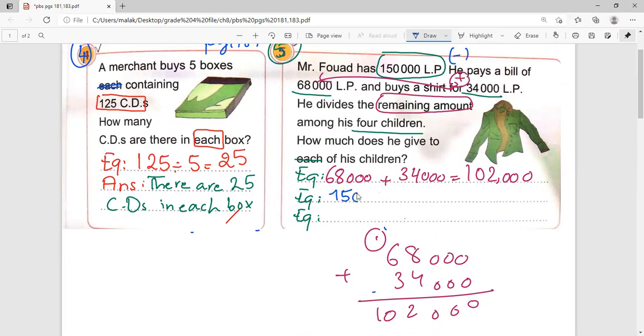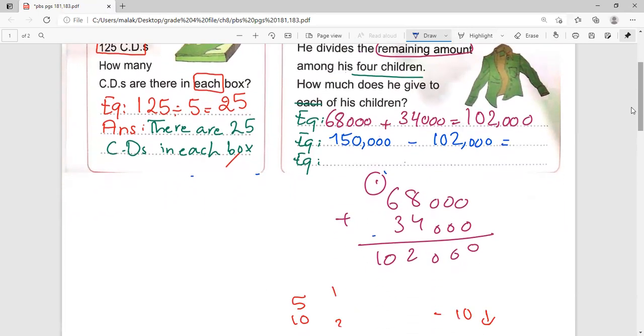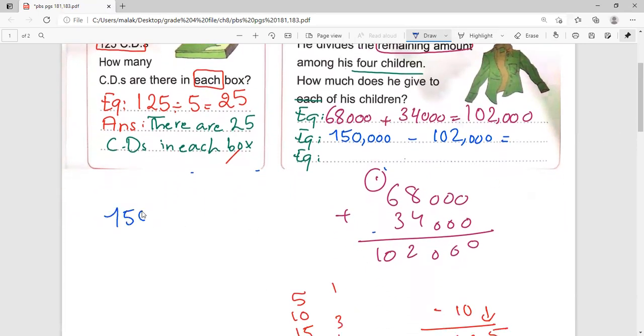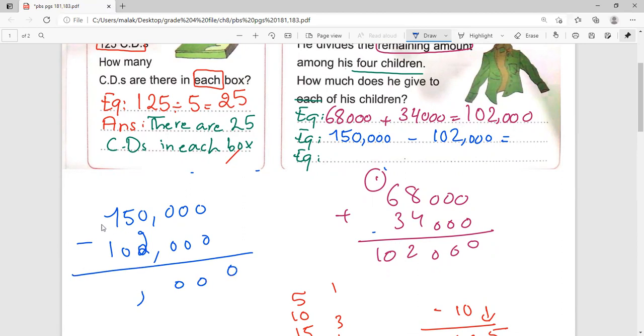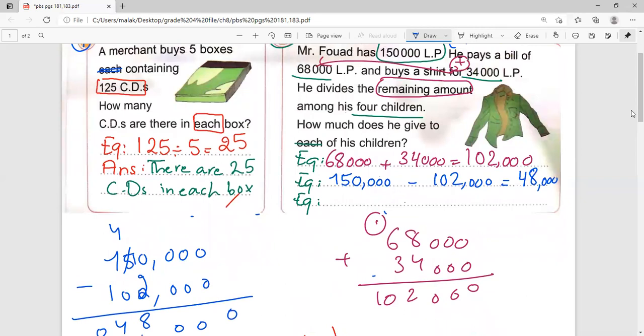So 150,000 minus what he paid. When he pays, the amount of money becomes less, so we are subtracting. 102,000. Sorry, here it's 2. 0, 0, 0. Here we have to borrow, so it's 8, 4, and 0. So 48,000. So how much money is left with him? 48,000 Lebanese pounds is left.